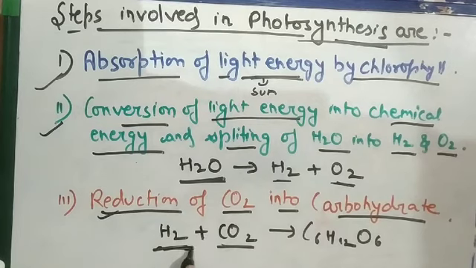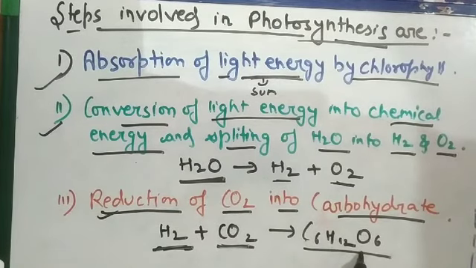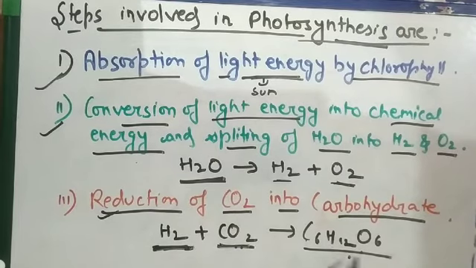So here hydrogen is adding to this carbon dioxide so that glucose can form. Glucose has carbon, hydrogen and oxygen. In carbon dioxide, carbon and oxygen are present, and hydrogen is added to form the glucose, so that the actual process of photosynthesis can occur.